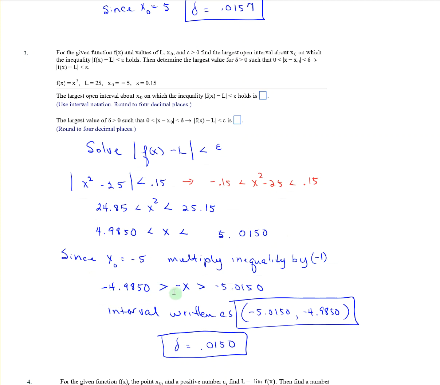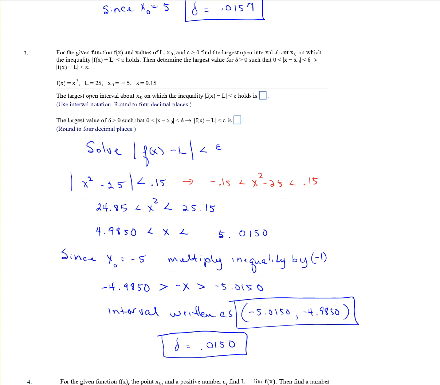If you multiply or divide by a negative with an inequality, your symbol will change. So now here's our interval, and since we're going to put them in order, it's negative 5.0150 to negative 4.9850. And since we're centered on the negative 5, 0.0150 is your delta. So a couple of things to watch for on that one.